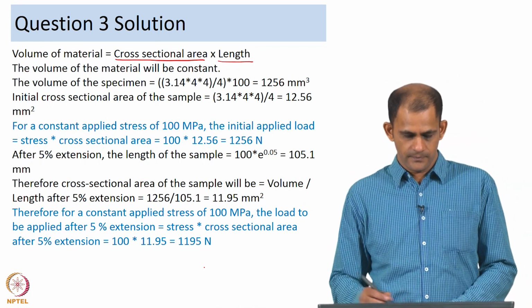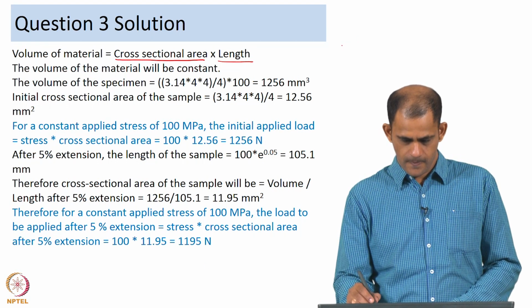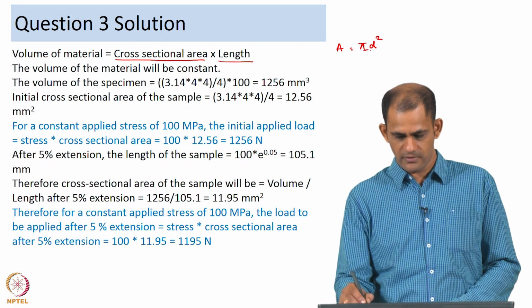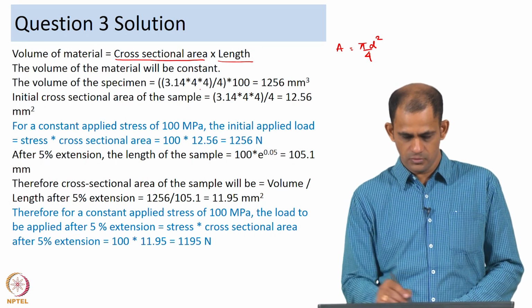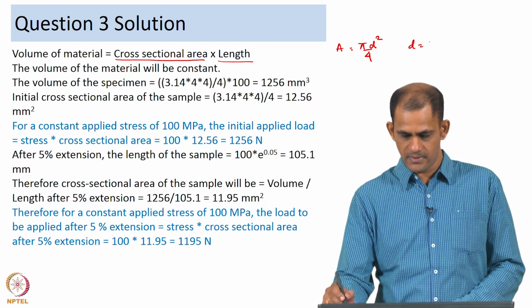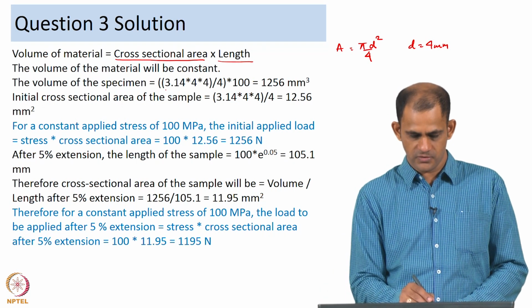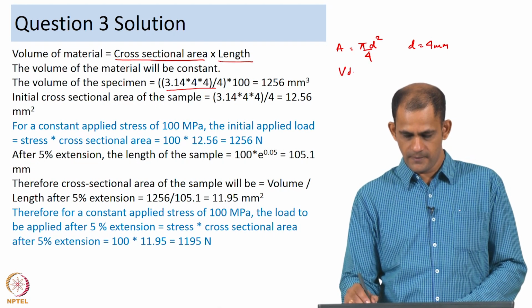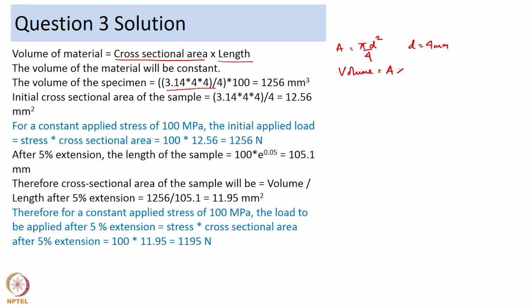Here the cross sectional area A is equal to pi d square by 4, where d is 4 mm. The volume will be A into L, that is pi d square by 4 into gauge length L. So, essentially you get 1256 millimeter cube.